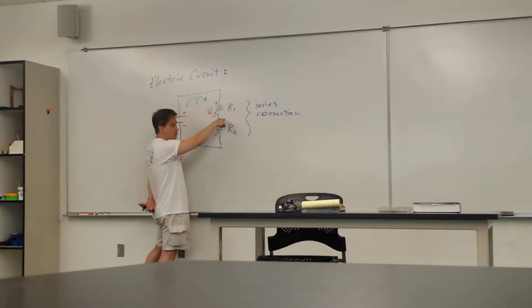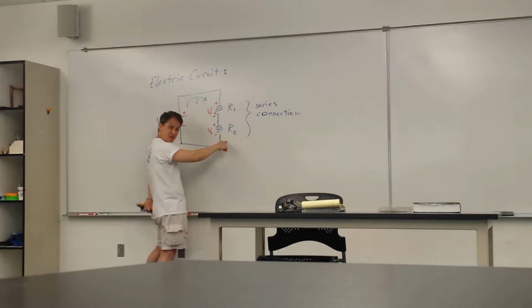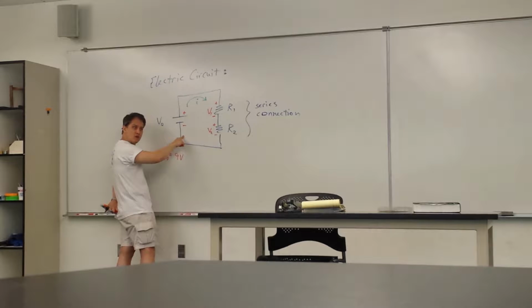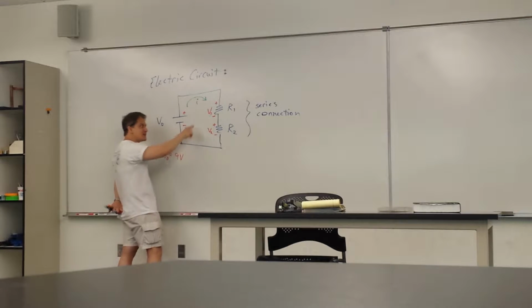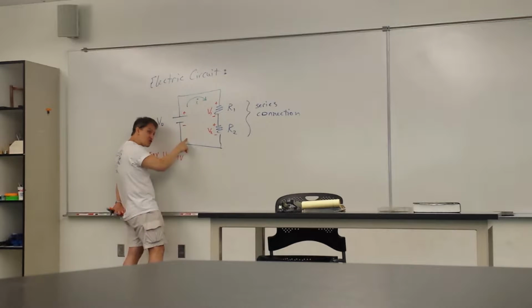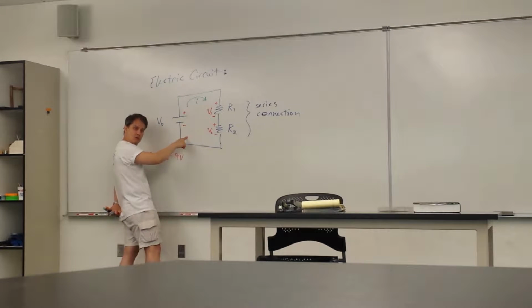How much? I don't know, but I know that when I go across the second resistor, it also drops a little bit more. Once I'm here, I'm at the same point I am over here. So the only way that can be is if the voltage drop is the same as the voltage rise, because I have to start and end at the same value if I go all the way around this loop.